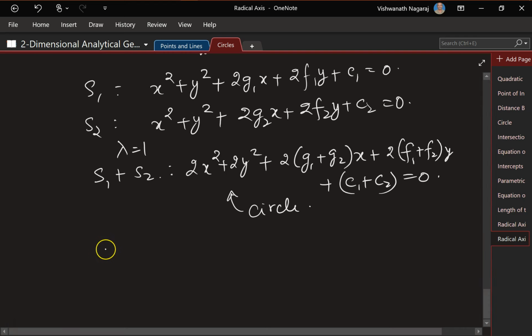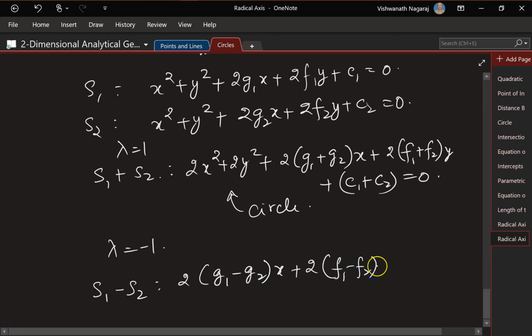Now, if lambda is equal to minus 1, then what happens? If lambda equal to minus 1, this becomes S1 minus S2. And you notice, immediately x square and y square disappear. And we are left with 2(g1 minus g2)x plus 2(f1 minus f2)y plus c1 minus c2 equal to 0.